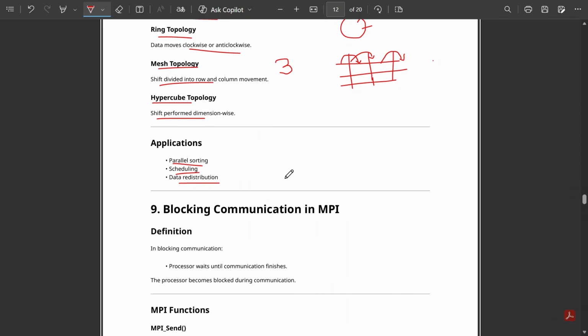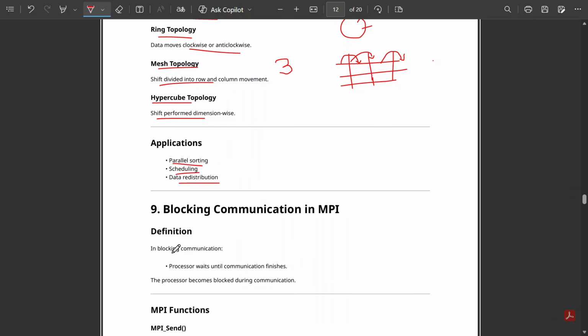Before starting with blocking communication in MPI, let us see what MPI is. MPI is basically the message passing interface. This is a standard protocol that is used in parallel computing to communicate between processes by sending and receiving messages.